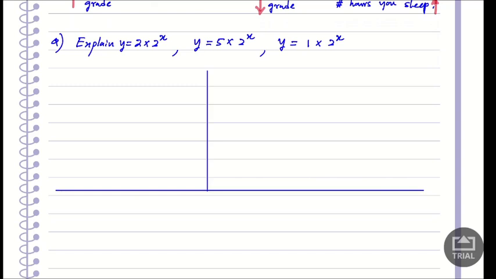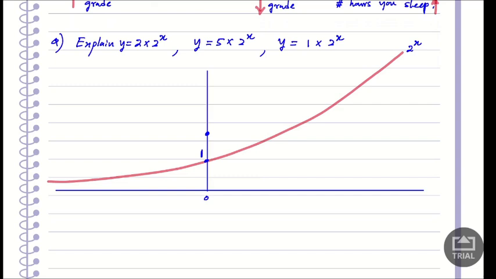So 1 times 2 to the power x, suppose it looks like this. This is 2 to the power x, meaning 1 times 2 to the power x. So this point is 1. Now let's think about 2 times 2 to the power x. When x is equal to 0, it should be here.